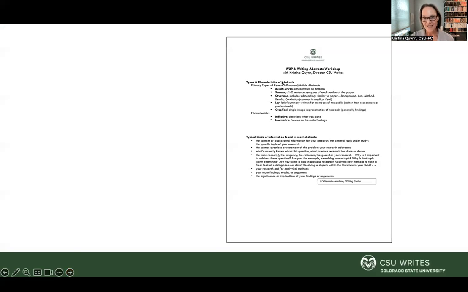This is one of those handouts on the Canvas course. When we look at the primary types of abstracts and their characteristics and the kinds of information that's found in most abstracts, just know that that is in a handout, and it's a great reference, a quick tool for you to pull out. The primary types are results-driven, where they focus on your findings, or a summary abstract, which summarizes the breadth of your article.